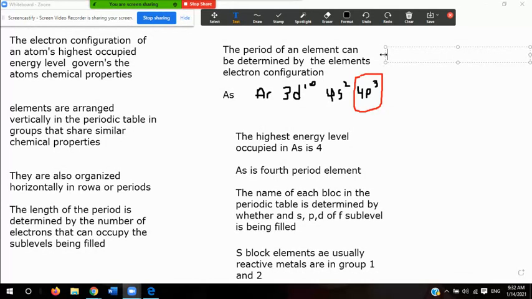They have an electron configuration of ns1 and ns2.